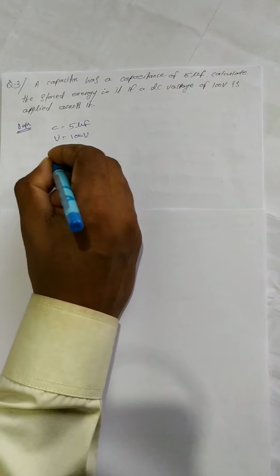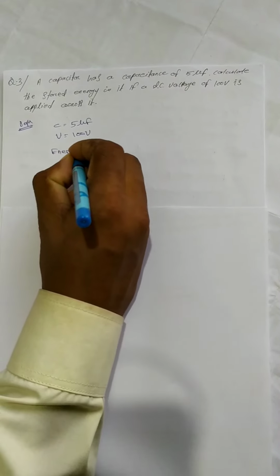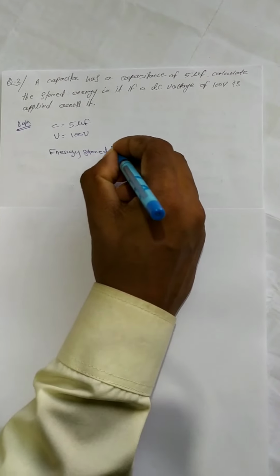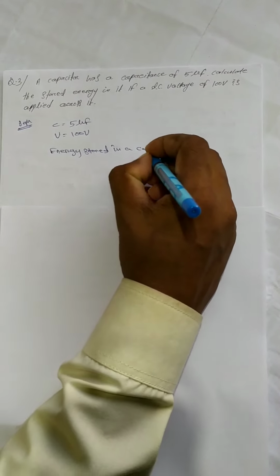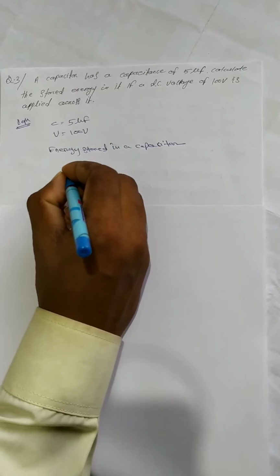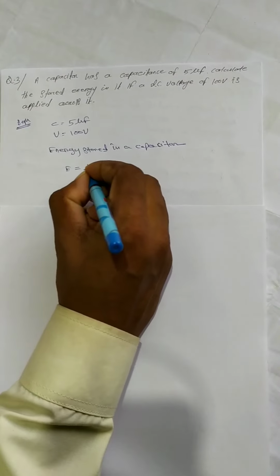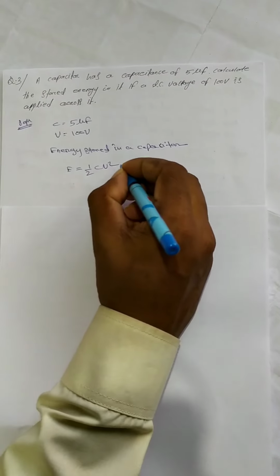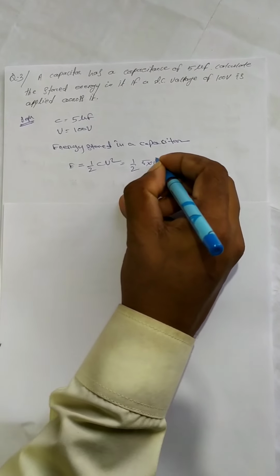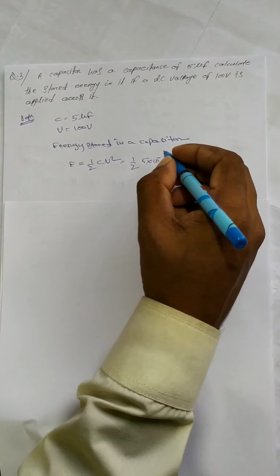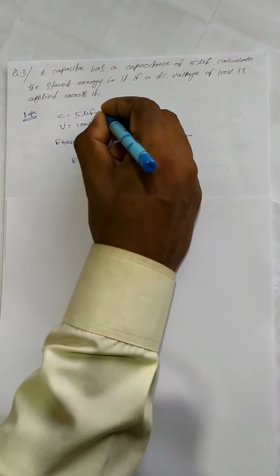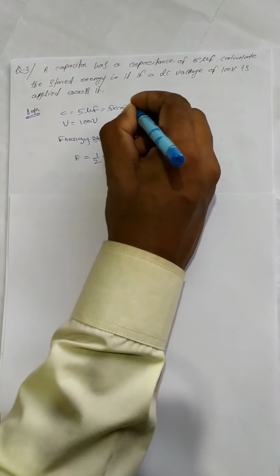We know energy stored in a capacitor E is equal to half CV square, which is equal to half, 5 into 10 to the power minus 6. 5 microfarad can be written as 5 into 10 to the power minus 6 farad.